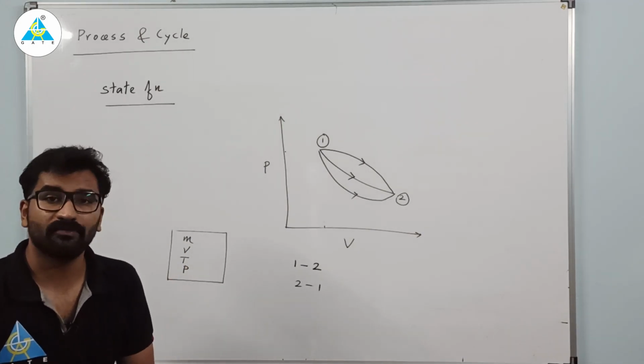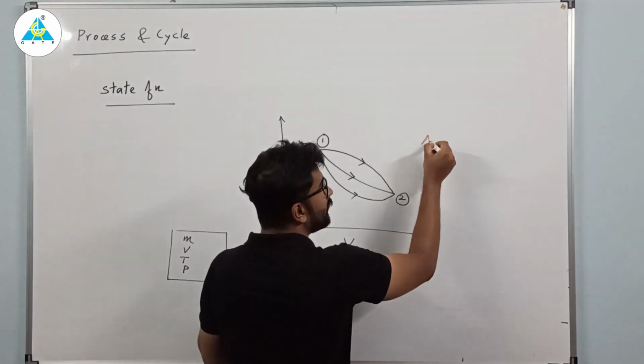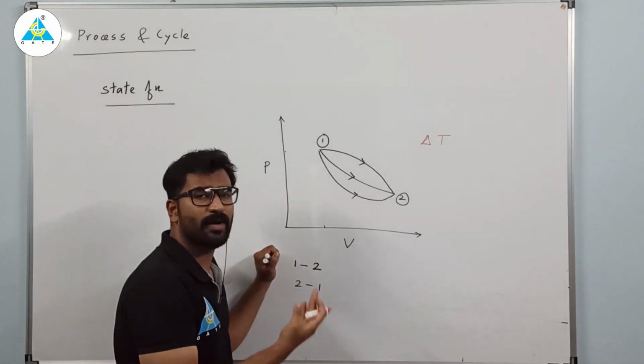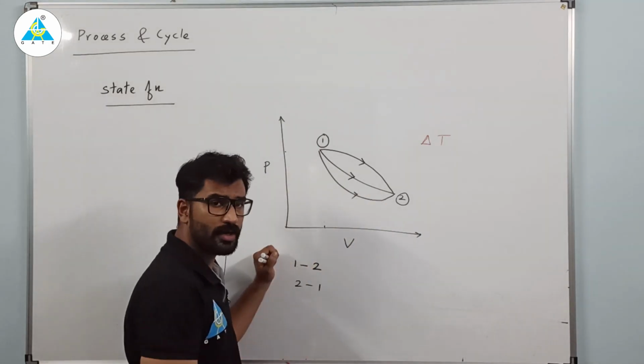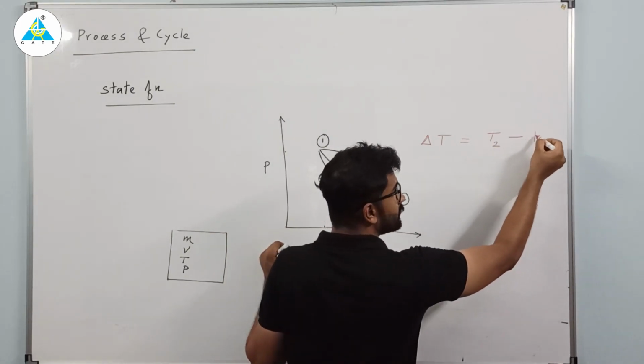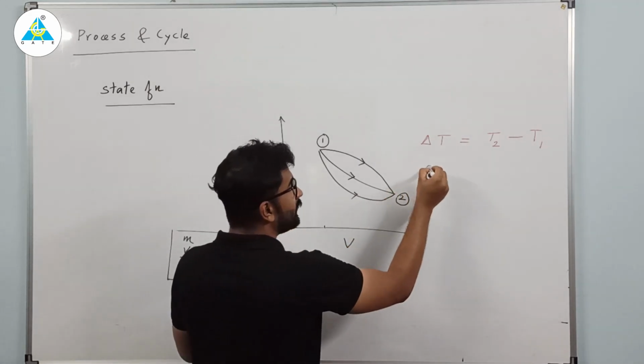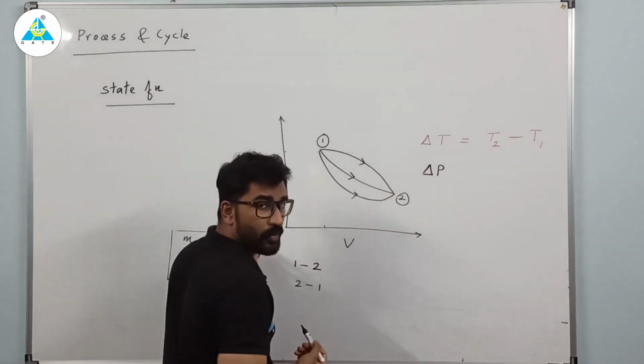My change in property will be the same, because your property change, that is the delta T, for example, my temperature change between point 1 and 2 will always be the temperature at the second state minus the temperature at the first state. What will be the value of delta P during process 1 to 2?